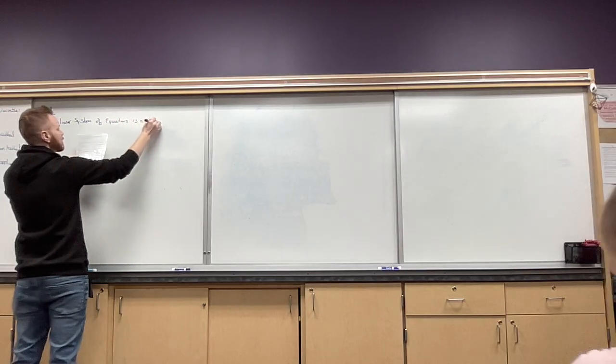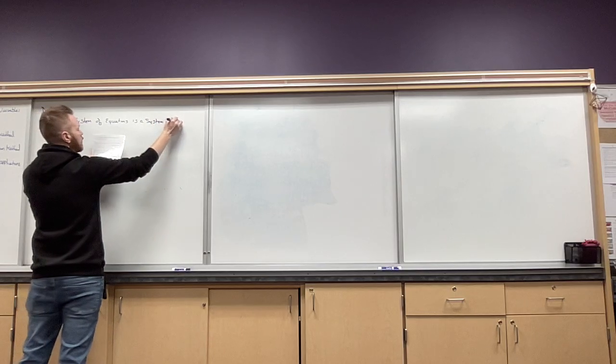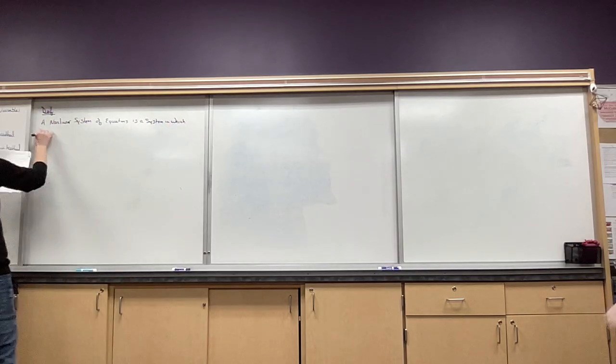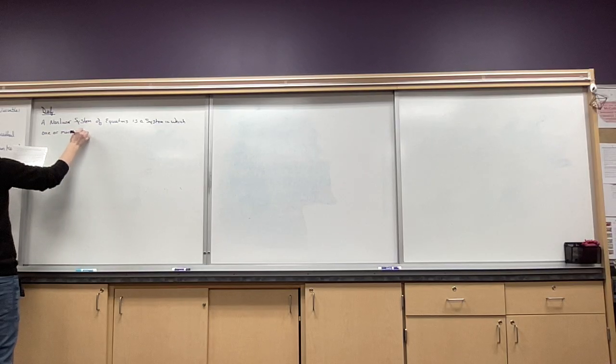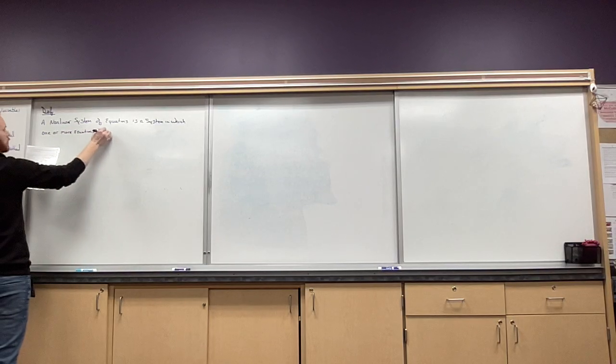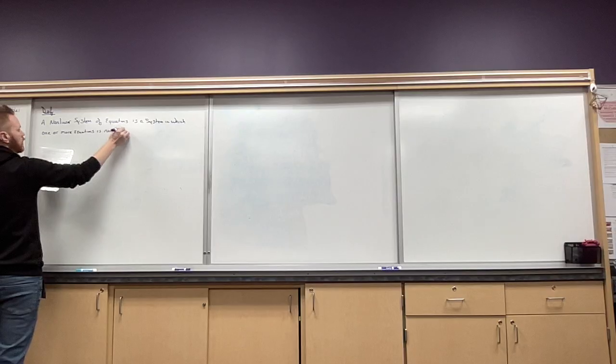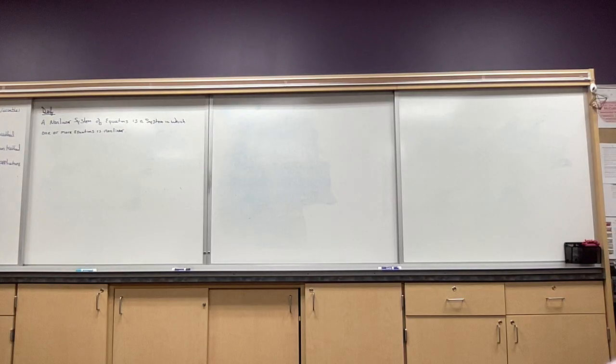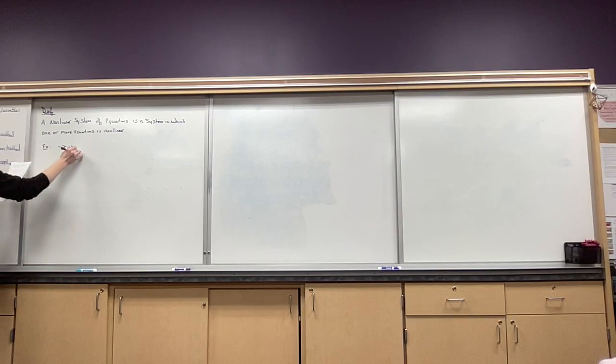A nonlinear system is a system of two equations in which one or more equations is nonlinear. So they both don't have to be. As long as one of them is, we classify it as nonlinear. For example, you've got negative x plus 7y equals 50, x squared plus y squared equals 100.